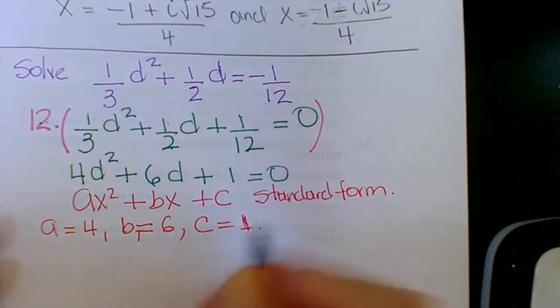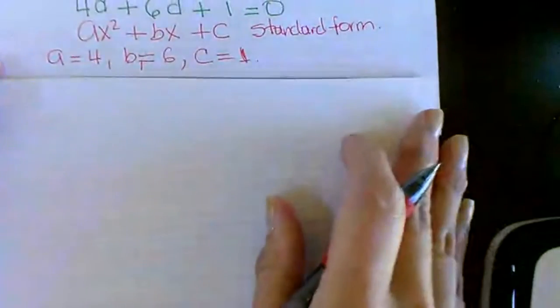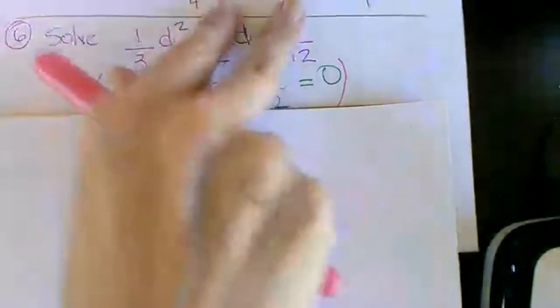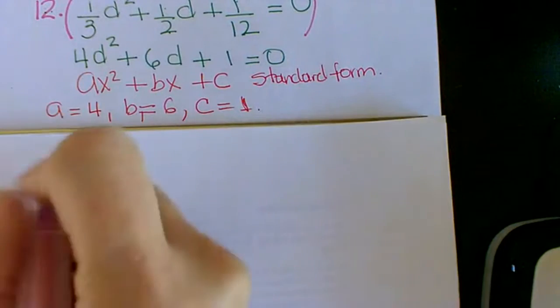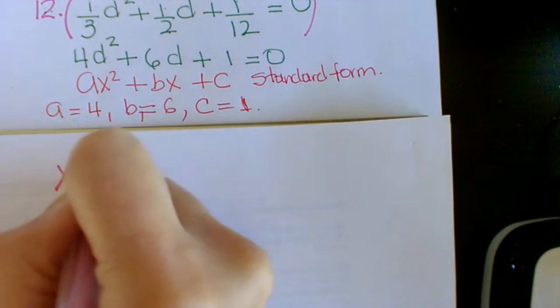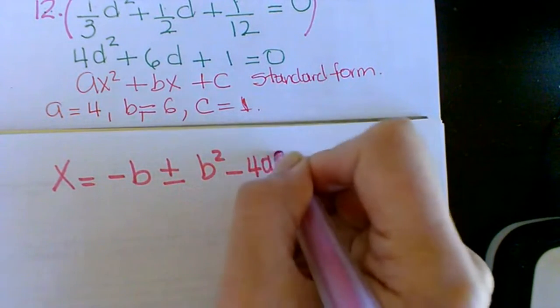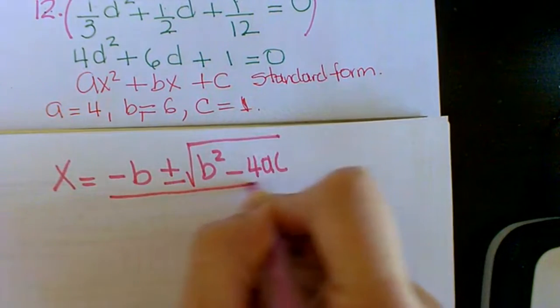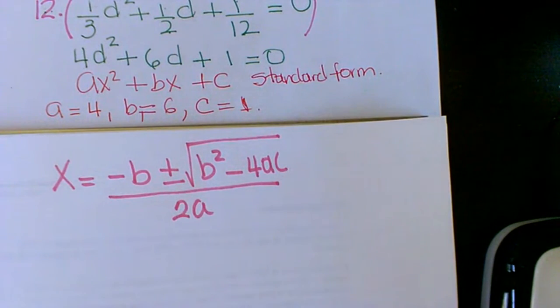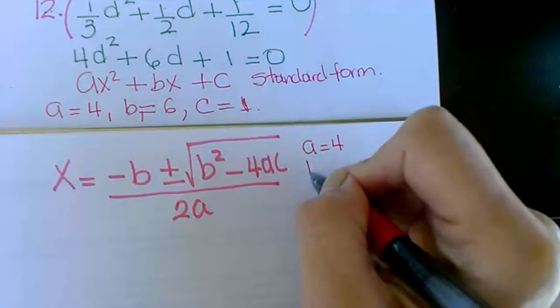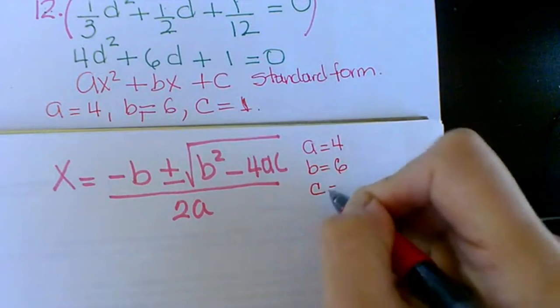With this, I can just go ahead and do my quadratic formula. Let me write it down. So it's going to be x equals -b plus or minus the square root of b squared minus 4ac, over 2a. And we know that a is equal to 4, b is equal to 6, and c is equal to 1.